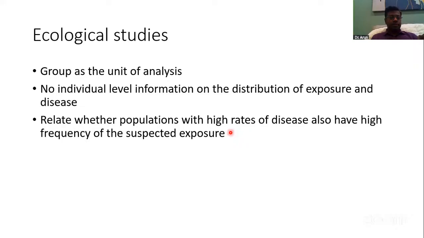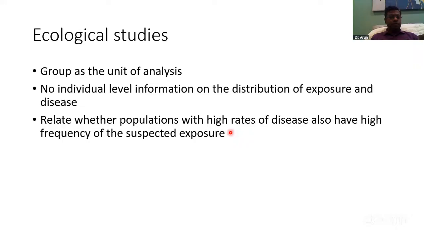For example, you can take different metropolitan cities, Delhi, Bangalore, Hyderabad, see air quality index and hospital admissions, and whether there is a relationship. You may find that the better the air quality index, the lesser the number of hospital admissions. Or on the other hand, the worse the air quality index, the higher the hospital admissions.